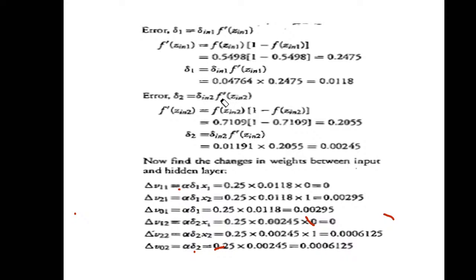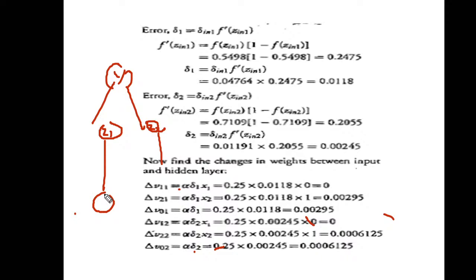Now delta 1 we will calculate. Because of delta_in1, that is the total net input, I'll again draw so that it will be clear to you. Just wait. So if you see here, this is z1, this is z2, and this is y, and this is x1, x2.